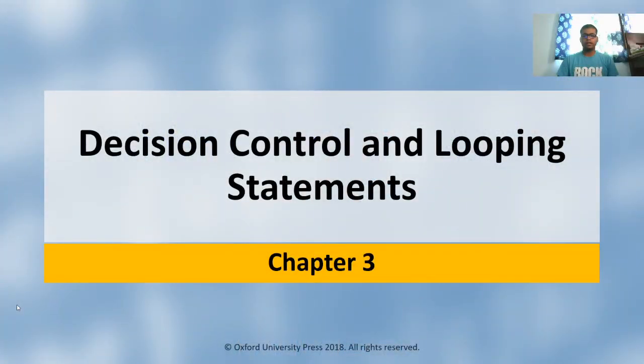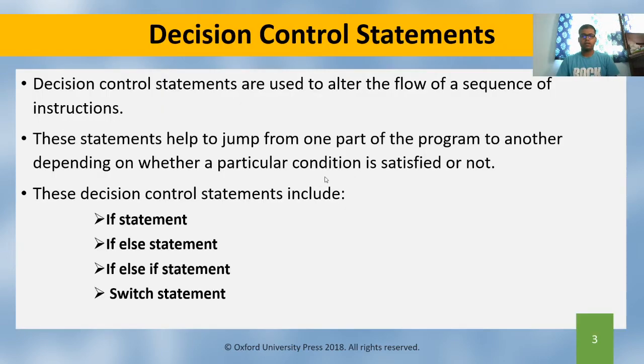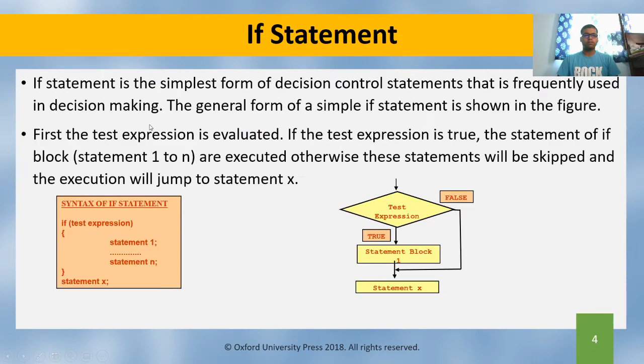Branching and looping. So basically, we call it decision control and looping. Now, the decision control statement is used to alter the flow of the sequence of instructions.